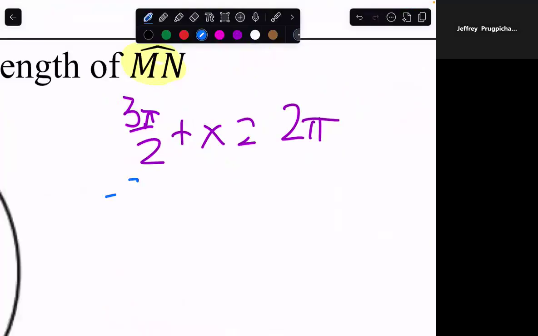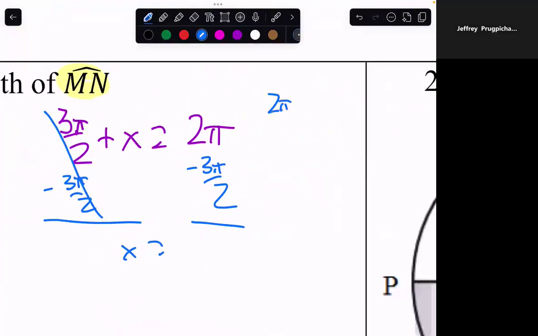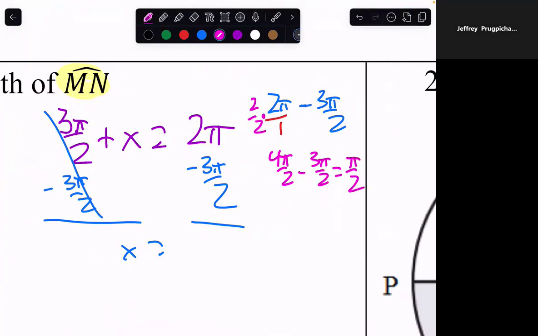Okay, so let's get the angle. What is 2 pi minus 3 pi over 2? Let's get a common denominator. It's 2 pi over 1, and then common denominator. Okay, so the remaining angle must be pi over 2.